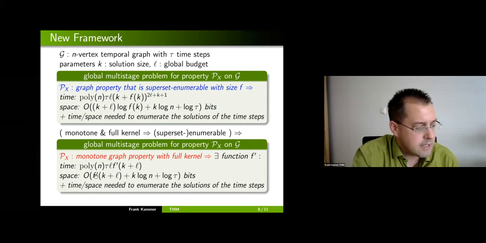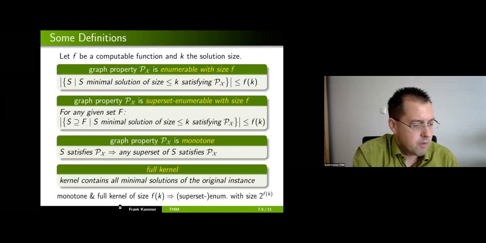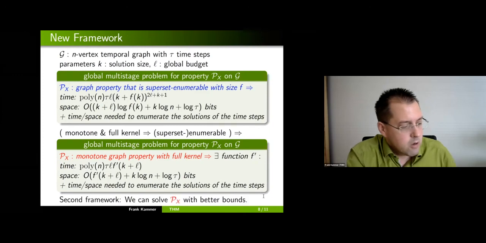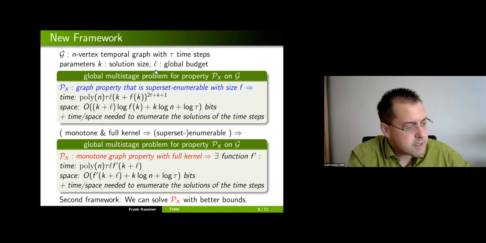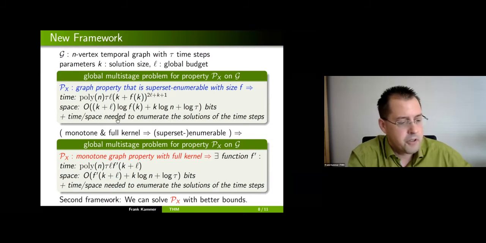The space bounds slightly change. This comes from f of k going to 2 to the f of k, but we can also show slightly better bounds in a second framework. But this is more or less what we get for free. So the interesting aspect is: how can we get this framework?